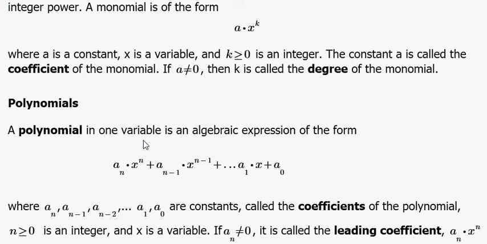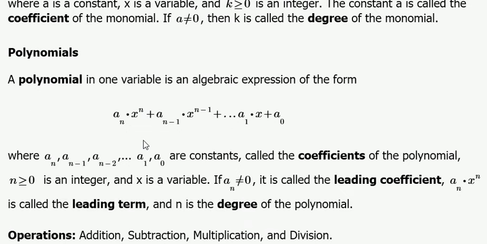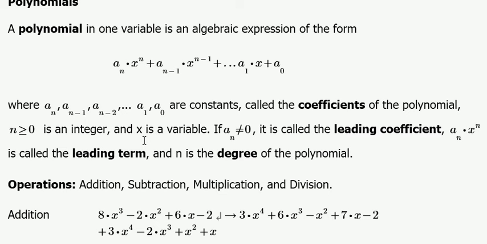Polynomials. A polynomial in one variable is an algebraic expression of the form a sub n times x raised to the power n plus a sub n minus 1 times x raised to the power n minus 1, up to a sub 1 times x plus a sub 0, where a sub n, a sub n minus 1, up to a sub 1, a sub 0 are constants called the coefficients of the polynomial. n is greater than or equal to 0 and is an integer, and x is a variable.